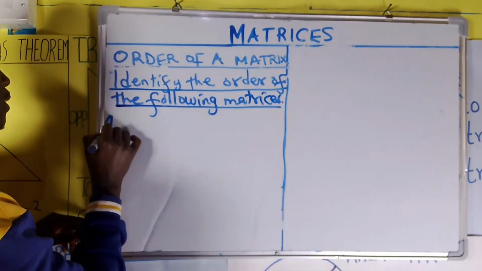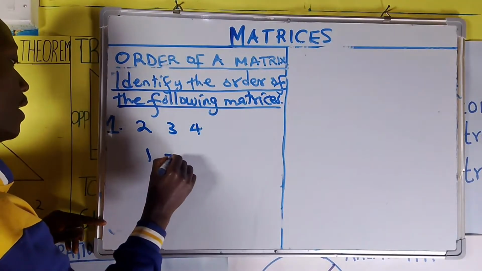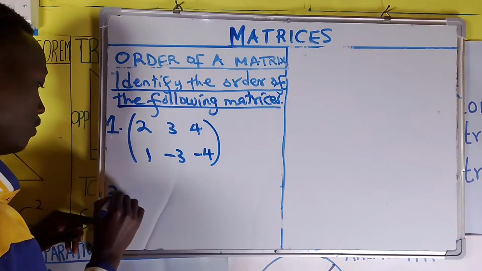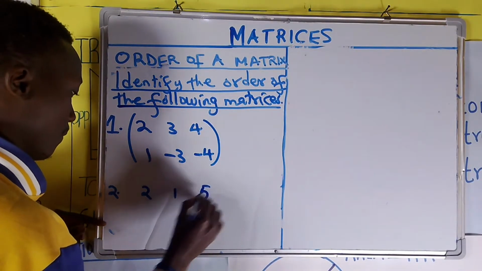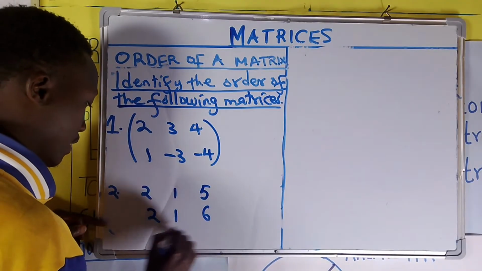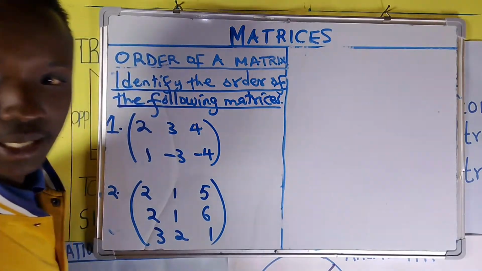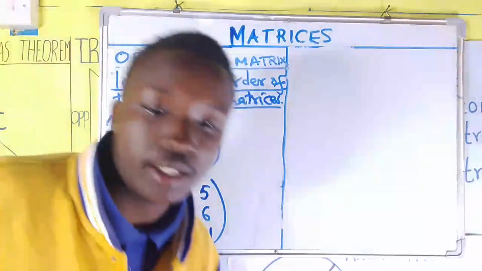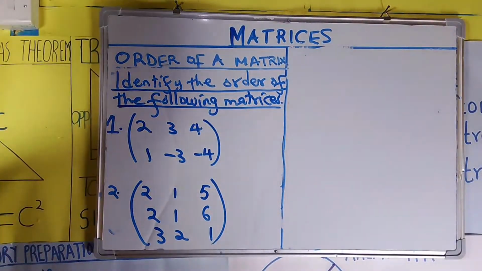Number 1, we have 2, 3, 4, 1, negative 3, negative 4. Number 2 is 3, 2, 1, 5, 2, 1, 6, 3, 2, 1. Just identify the order of those two matrices and you will submit that as part of your assignment.